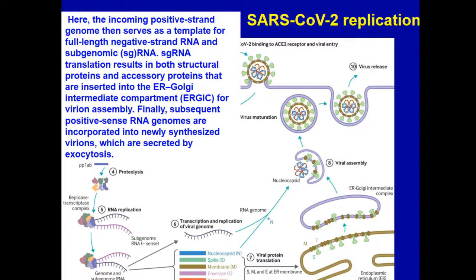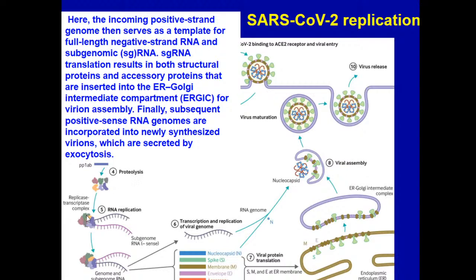So we go ahead. The incoming positive strand genome then serves, so this is the same positive strand genome that had been used for the open reading frame mRNA production, open reading frame translation.